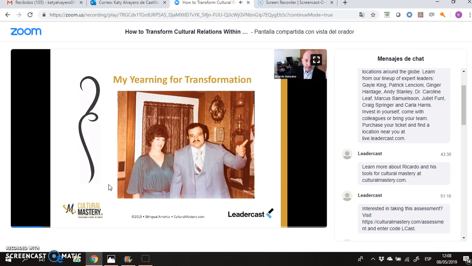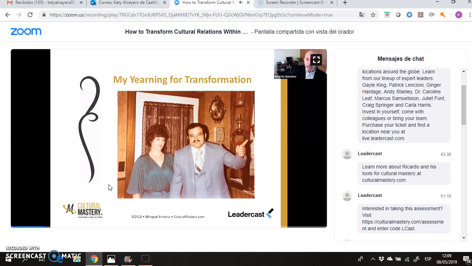This is transformation, okay? From a young age, I began to have this yearning for transformation because I was raised in a very dysfunctional, very painful environment. My father, you can see on the screen, was one of 27 children from the mountains of Puerto Rico, and my mother was an orphan from Kentucky. I am literally a Puerto Rican hillbilly, okay? If you've heard me speak before, you've heard me say that. But I had this great internal yearning for transformation because our family just didn't need some tweaks.